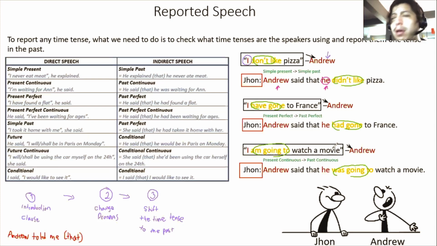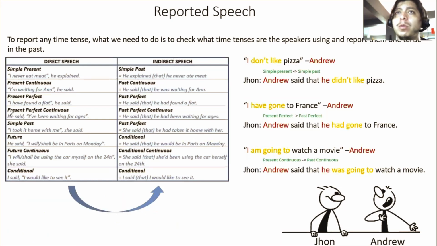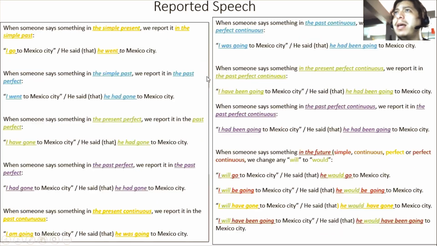I mean, there's a more thorough, more complete explanation in the last video. If you haven't checked it, this is the second video on reported speech, so you should go back, okay? So this is pretty much a summarization of what we were doing in the last video. This is what we were checking, but we haven't finished, okay?